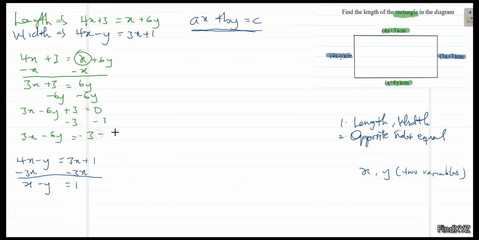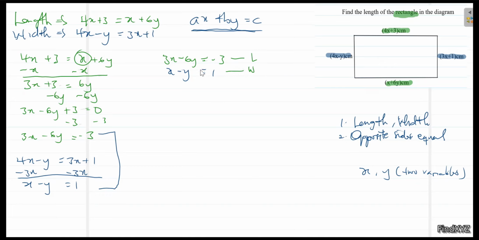So our equations are this. Let's write them down. 3x minus 6y is equal to negative 3, and then x minus y is equal to 1. Let's give names to our equations. So let's label this equation L and this equation W.